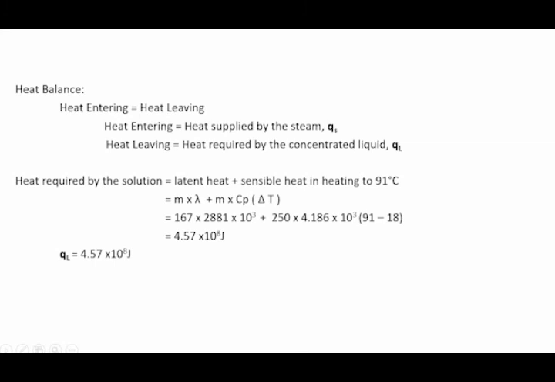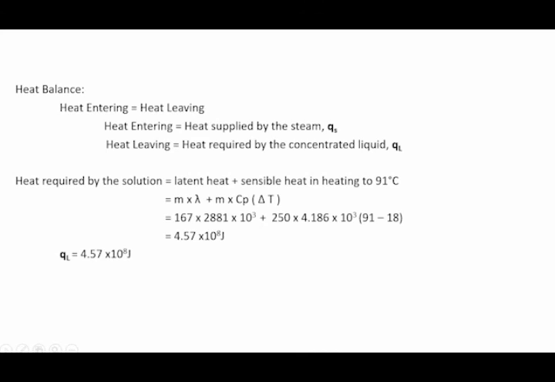In this case, the mass of the vapor, 167 kilograms per hour, times the heat of 2,281 times 10 to the power of 3 joules per kilogram per hour, plus the sensible heat, which is equal to the mass times the specific heat times the change in temperature, wherein the mass is 250 kilograms per hour times the specific heat of 4.186 kilojoules per kilogram degrees Celsius per hour times the change in temperature from 91 degrees Celsius to 18 degrees Celsius, which will yield a heat required by the solution QL equal to 4.57 times 10 to the power of 8 joules.